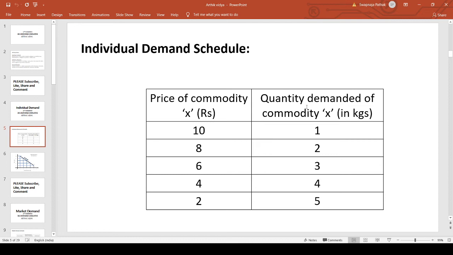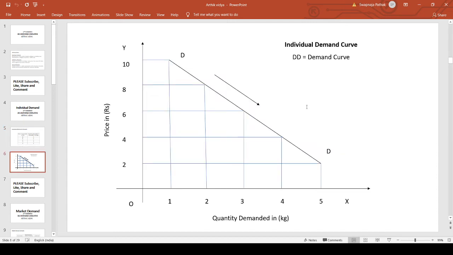Now we should move to our next point, which is individual demand curve. What is individual demand curve? Individual demand curve is a graphical representation of the individual demand schedule.